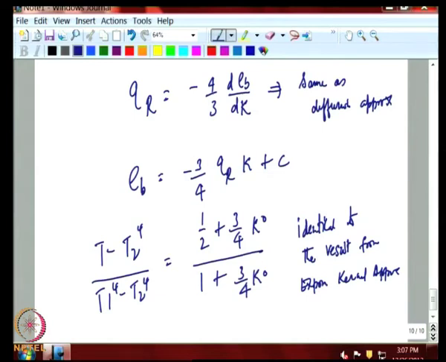the exponential kernel approximation. Okay. So, what it really implies is that this temperature distribution within the gas will go as A plus B kappa by C plus D kappa 0. So, A, B, C, D really depend upon the details of the approximations you have made about the angular dependence of intensity.